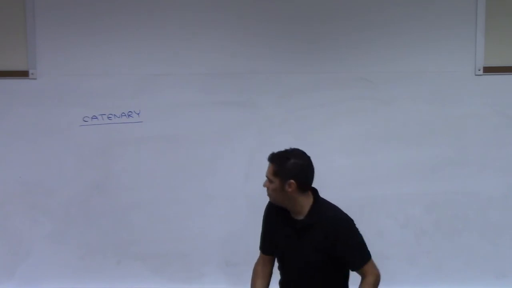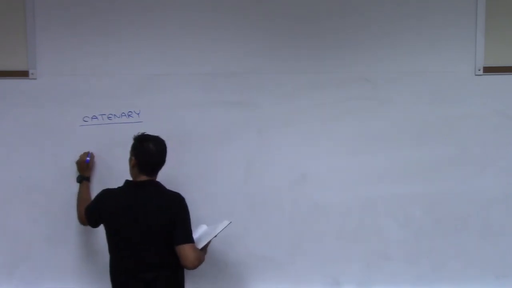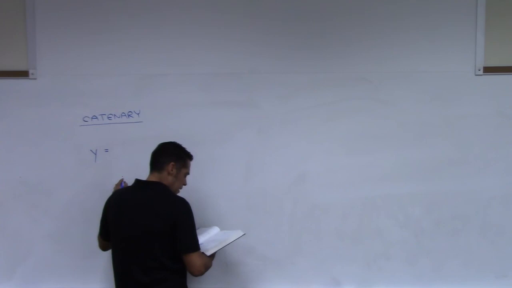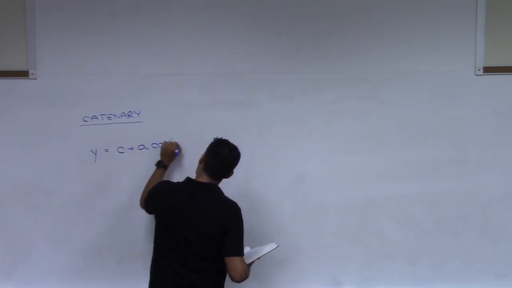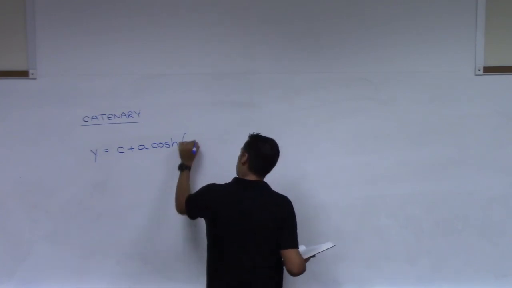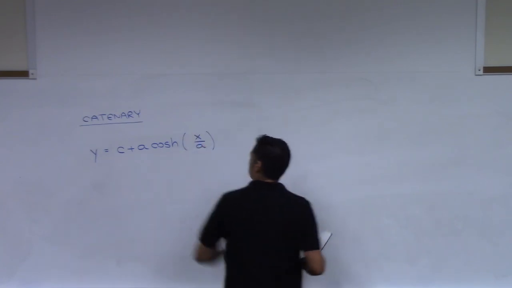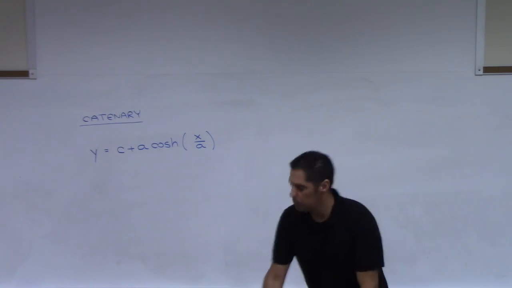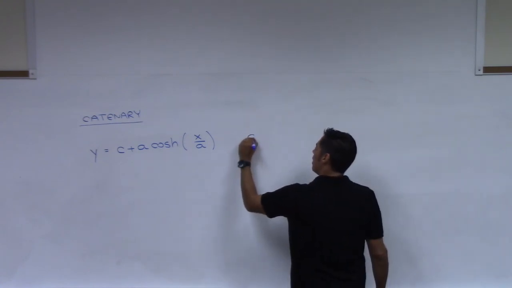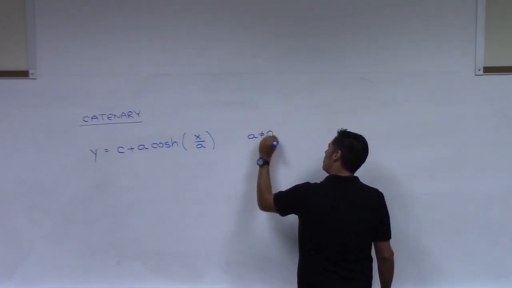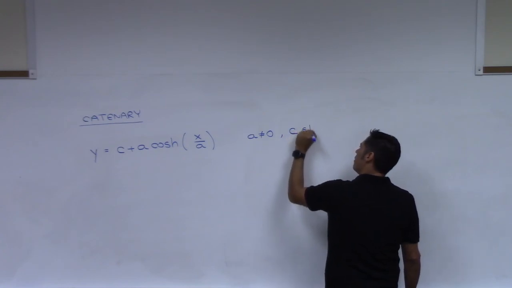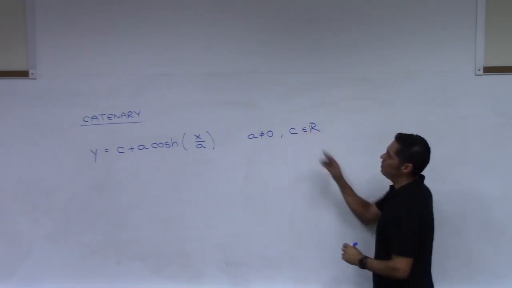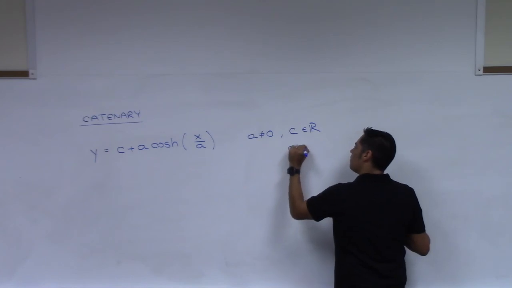And in general, all wires hanging from poles can be modeled with this function right there. So here, A is not 0, and C is an element of the real numbers. That just means C is a real number and A is a real number.